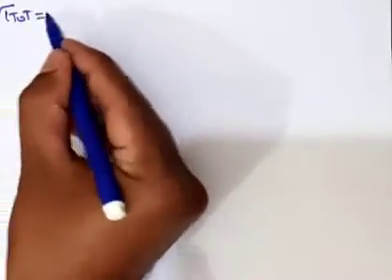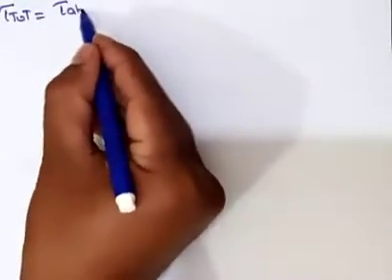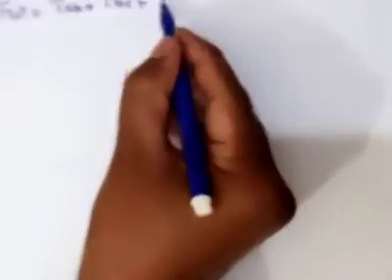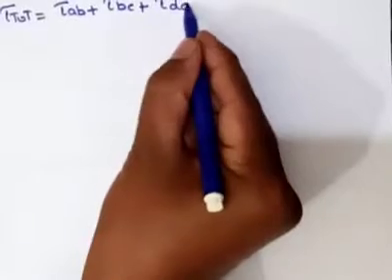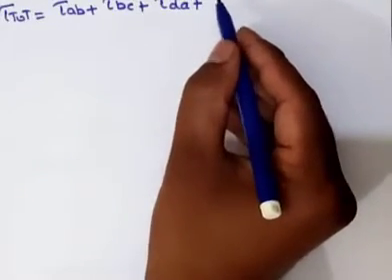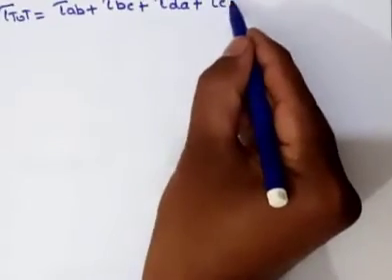The resulting total induced torque on the loop is given by tau total is equal to tau AB plus tau BC plus tau DA plus tau CD.